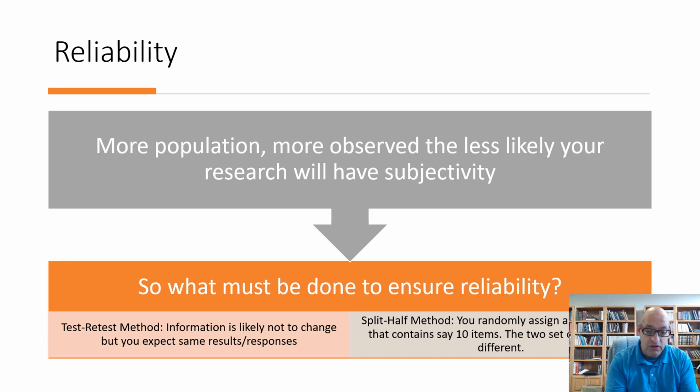Now, reliability also concerns this: the more population that we have, the more observed, the less likely your research will have subjectivity. So we're after quantity in this case. That also ensures reliability. But that doesn't mean, depending on your methodological design, that we couldn't be looking at rich descriptors, themes, emergent patterns within a qualitative design that we may not see in quantitative.